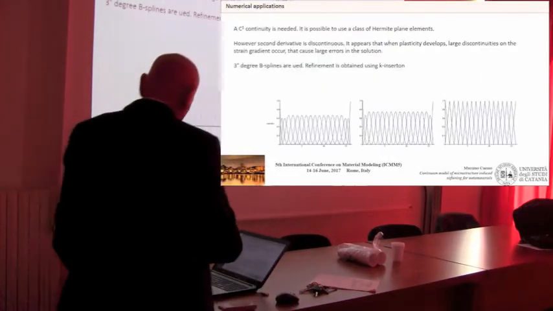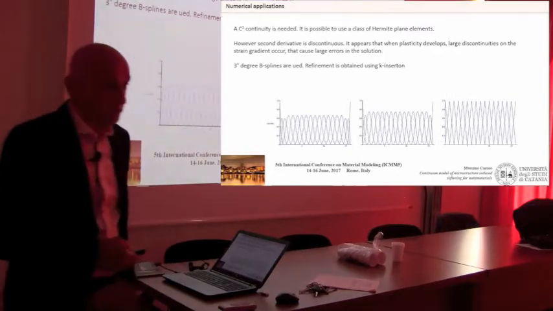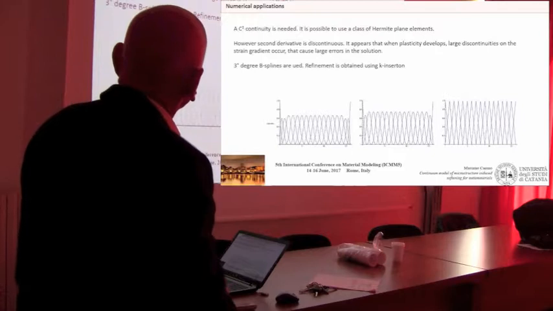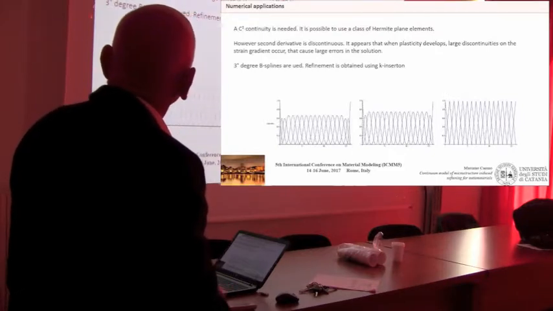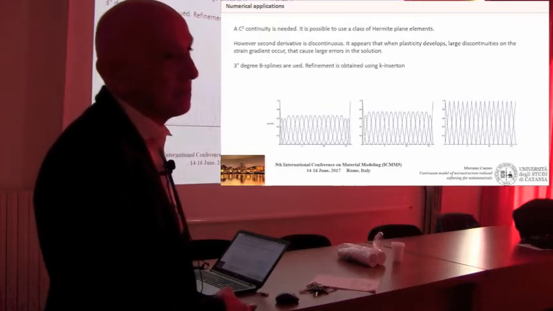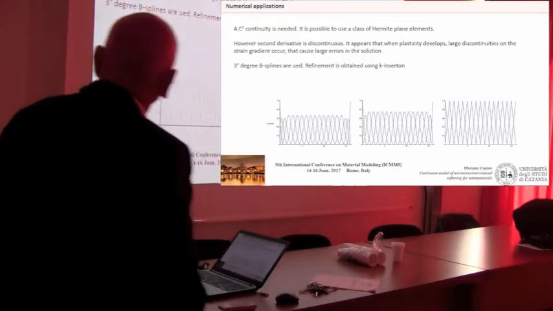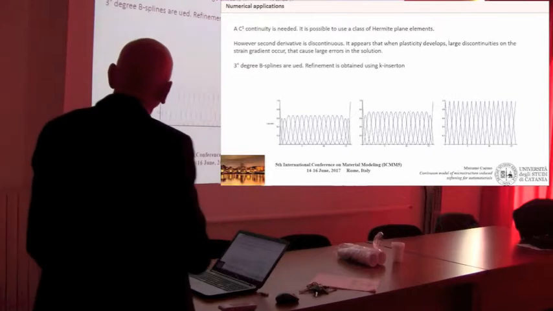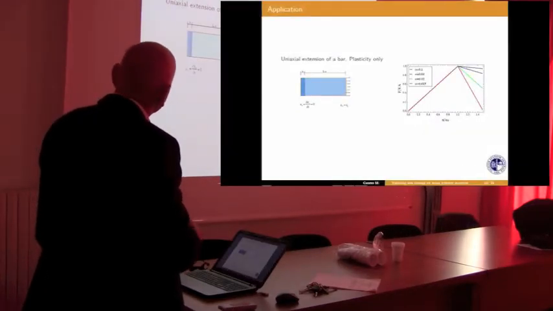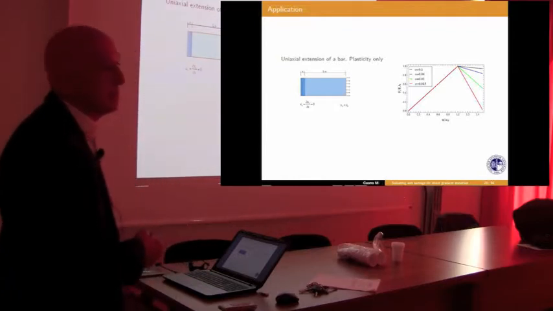Then just some very simple numerical application to see what happens, in 1D. I've done it with splines because we need high continuity, third degree splines. I studied this example, the classical axis extension.